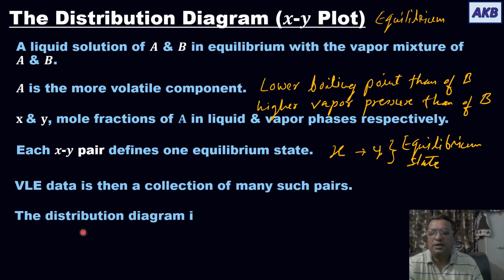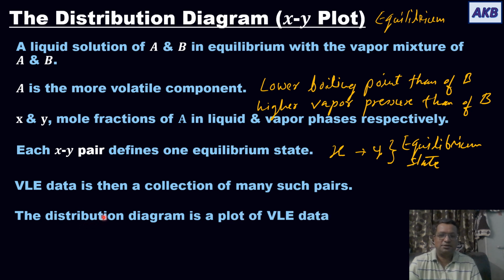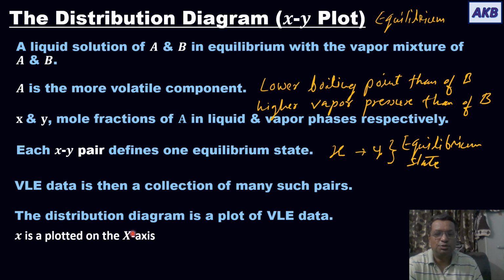Now then, the distribution diagram that I am talking about is nothing but a plot of this VLE data. So you have different values of X and then you have corresponding values of Y, and if you use that data to plot a graph, you get what is called the distribution diagram.